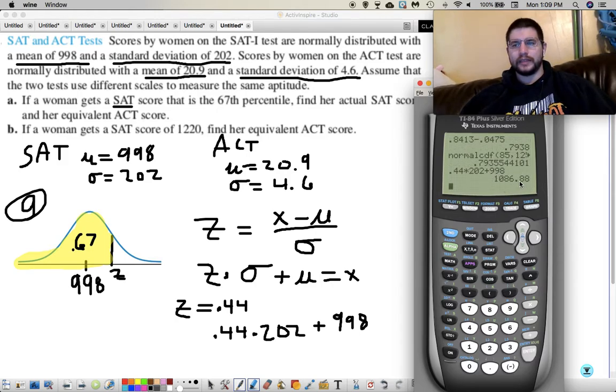We get 1,086.88. Doesn't tell us to round or anything, but I don't think you can get a decimal on the SAT. So let's go with rounding this thing, 1087.